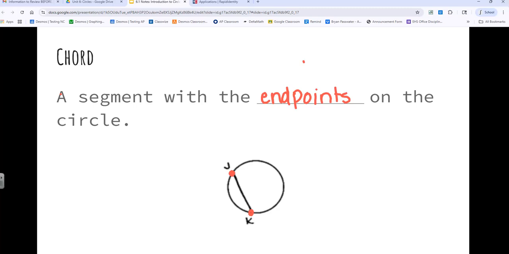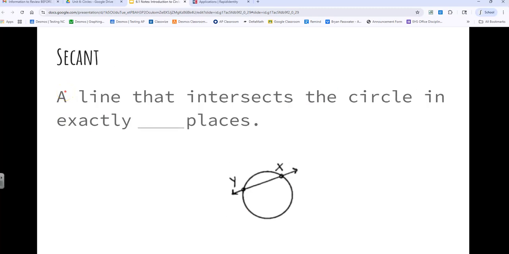What has to be true about a line? It goes on forever in both ends. Like when we draw a line, it has arrows on the ends, right? So a secant is a line that intersects the circle in exactly two places. So it's very much like a chord, like this part right here from X to Y, that is a chord. But whenever it keeps on going, it's called a secant.